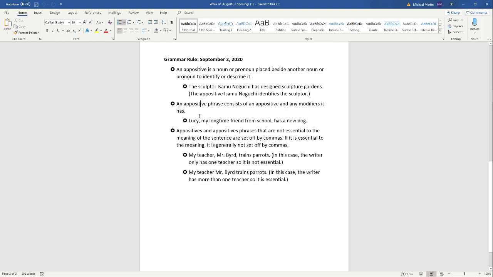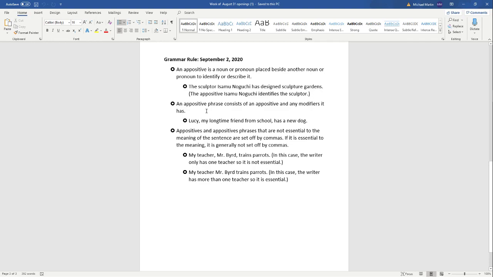However, adding my longtime friend from school gives more context and meaning to who Lucy is. Because if I said Lucy has a new dog, Lucy could be anyone. Lucy could mean absolutely nothing to me, or Lucy could be my wife, my friend, or my daughter. So that's why appositives can be important to sentences.